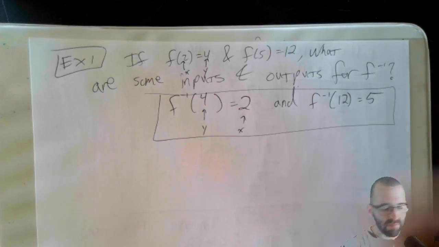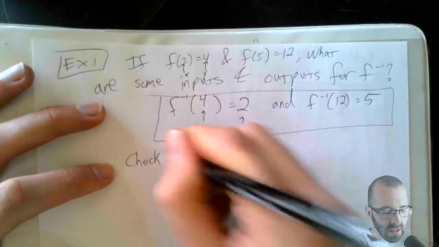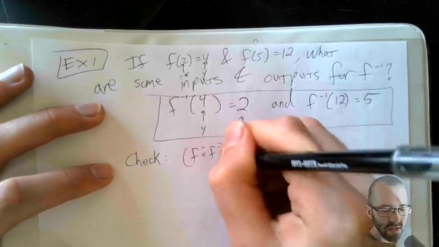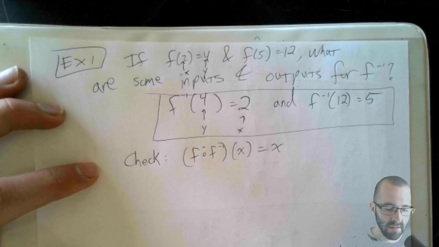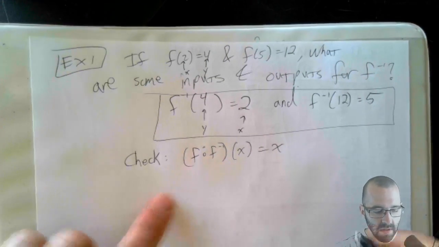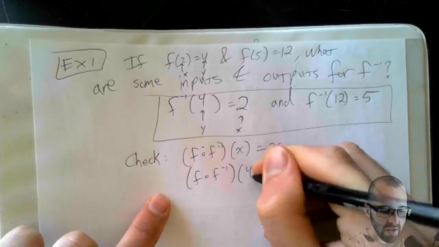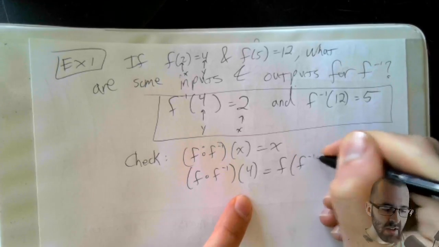And again, we can check what we think about it, right? One way to check our answers is that we know that f of f inverse of x should be equal to x. So let's check. F of f inverse of 4. What is that?